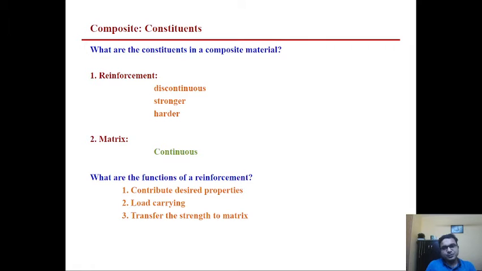First is reinforcement, and second is matrix. Reinforcement is discontinuous, stronger and harder, and matrix is continuous. So these are the two fundamental constituents in a composite.